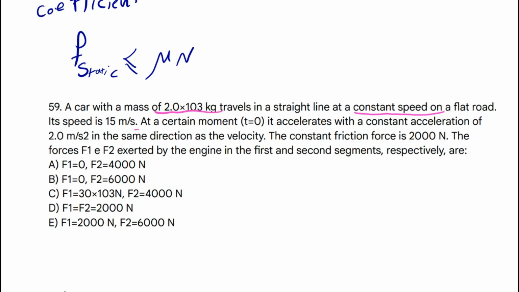At a certain moment, it accelerates with a constant acceleration of 2 meters per second squared in the same direction as the velocity. The constant friction force is 2000, and the forces F1 and F2 exerted by the engine in the first and second segment respectively are this.